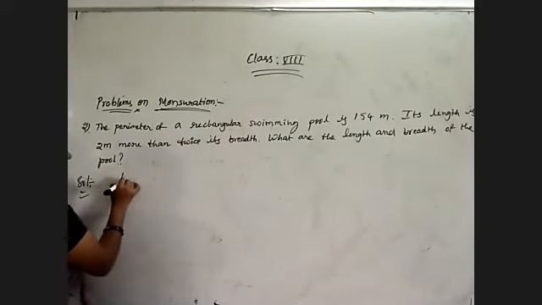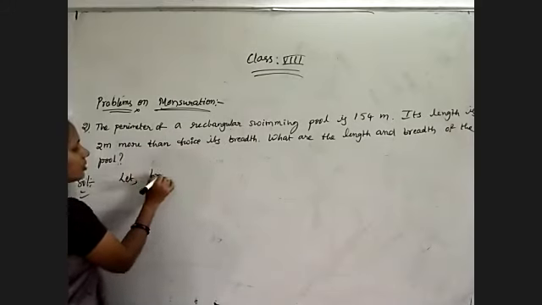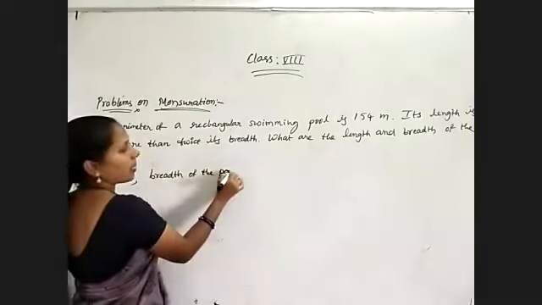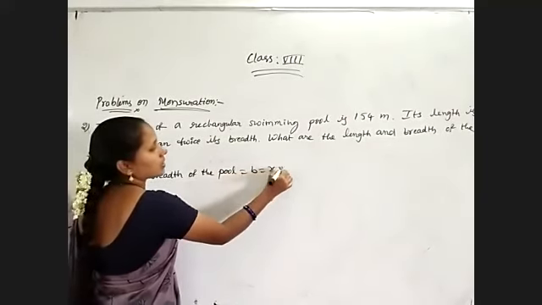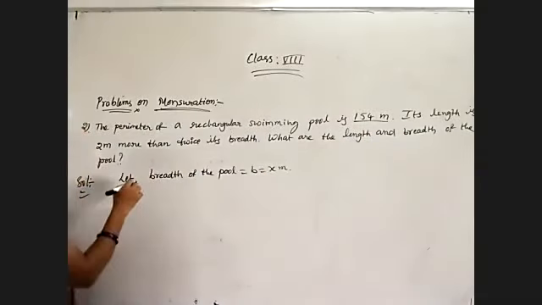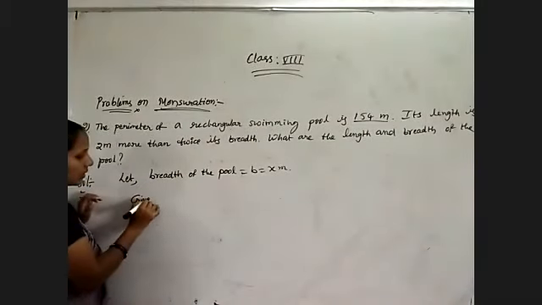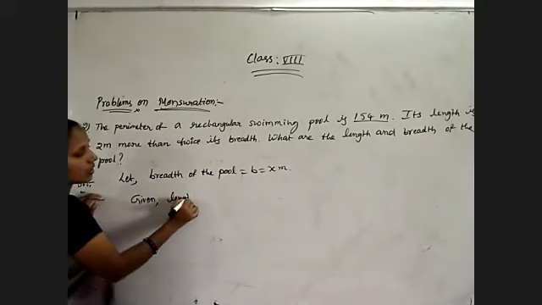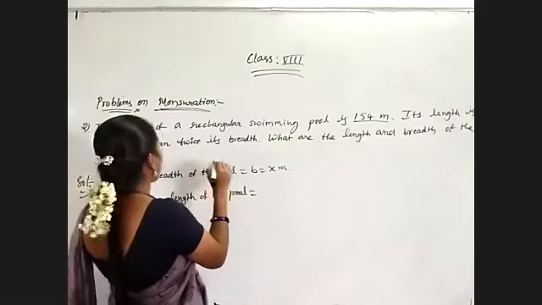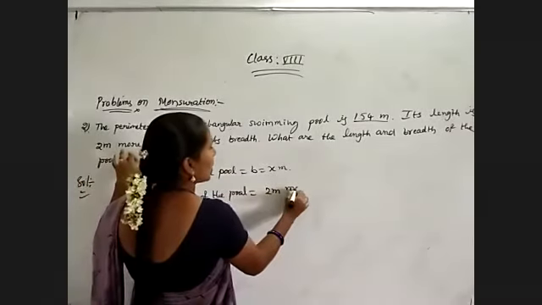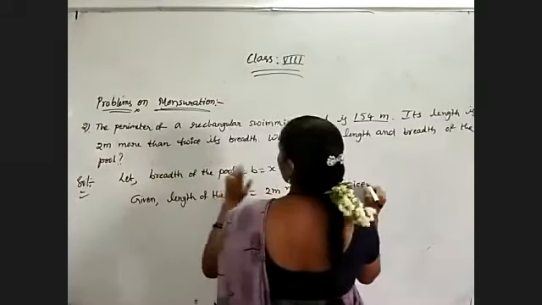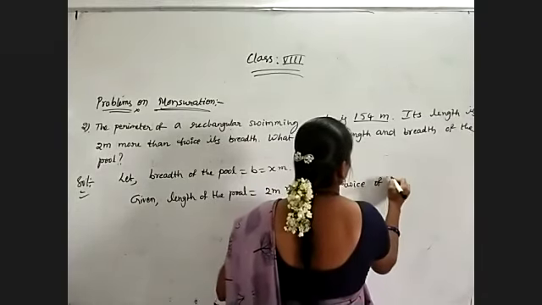So let breadth of the pool B be x meters. Here also meters only, 154 meters given. Now, given that length of the pool is 2 meters more than twice of breadth.